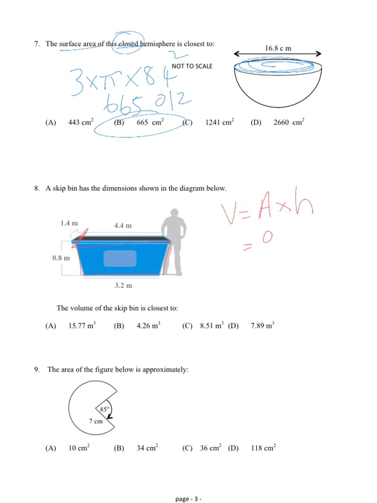Now the height of the trapezium is 0.8 on 2, the top plus the bottom, and we're going to times all that by the height of the whole prism, which is 1.4. And we get 4.256, which is B.